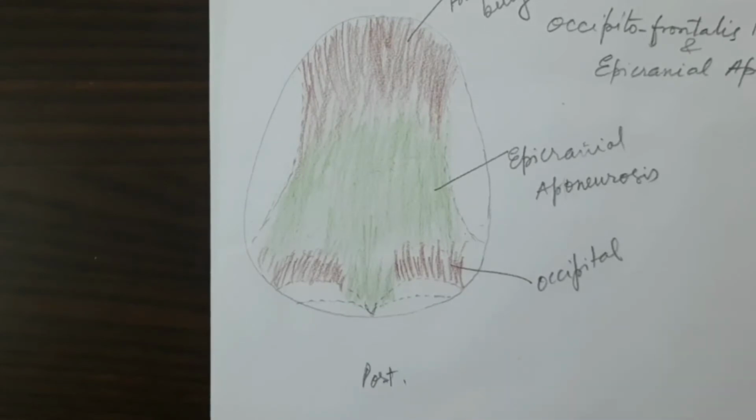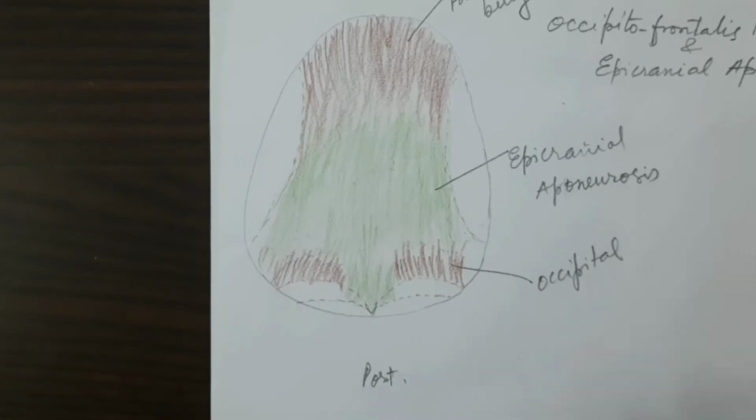That is the reason why these three layers act as a single layer, and when the occipital belly or frontal belly contracts, all three layers will move forwards or backward. Some of you may move your scalp by the contraction of the occipital and frontal belly.